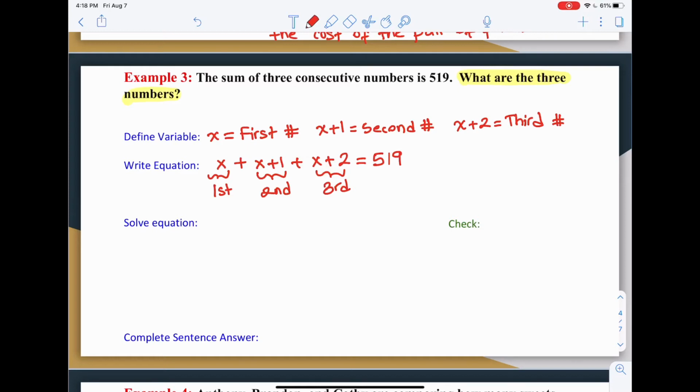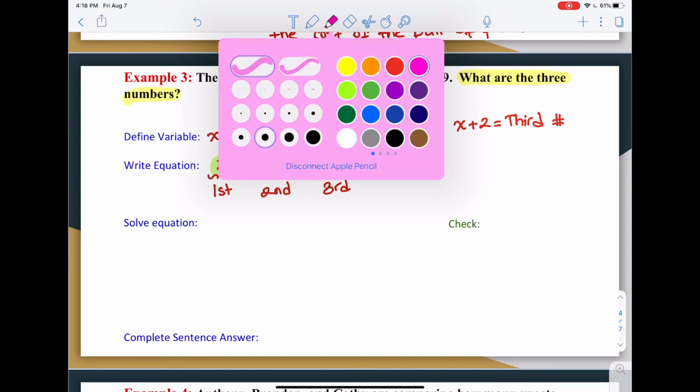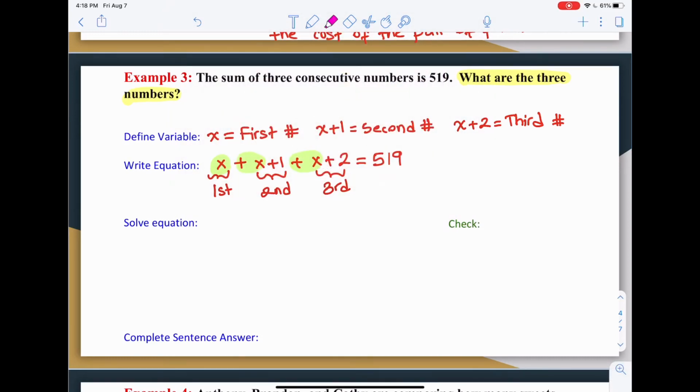Okay? Then let's start solving the equation by combining like terms first. I see x, another positive x, another positive x. And then I see constants positive 1 and 2.